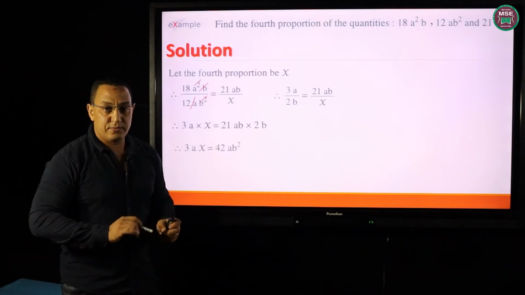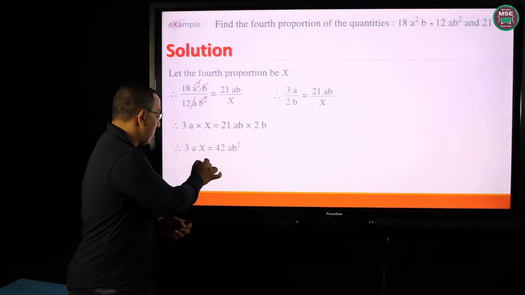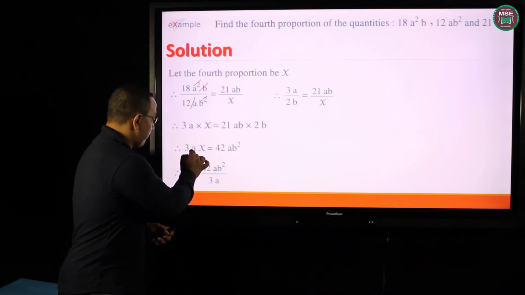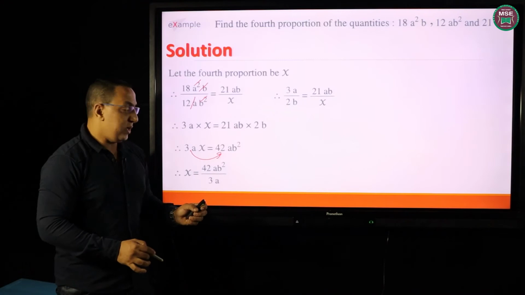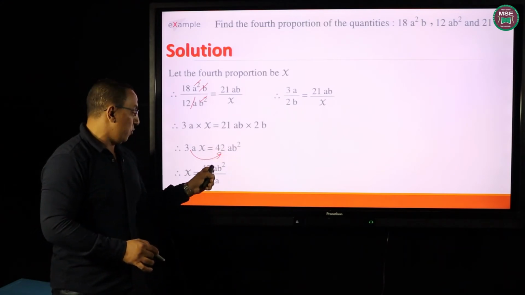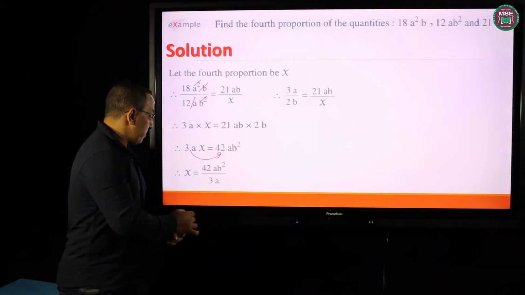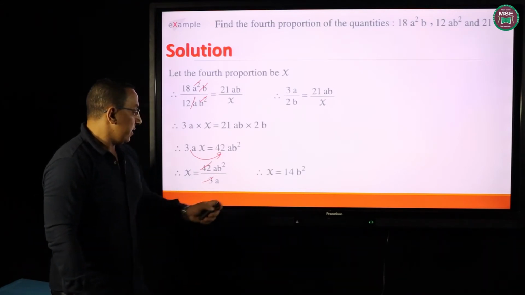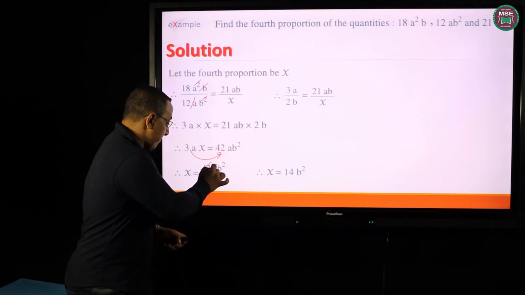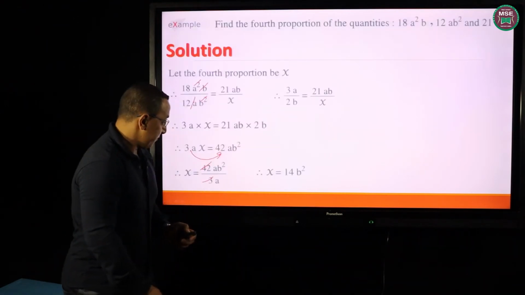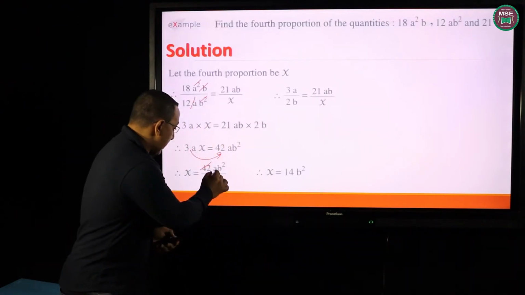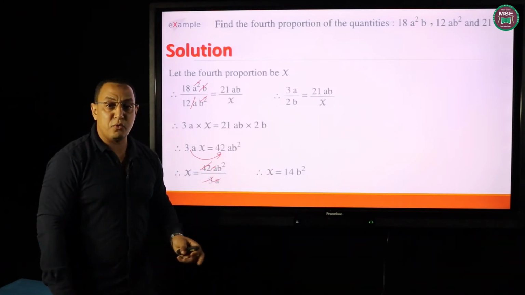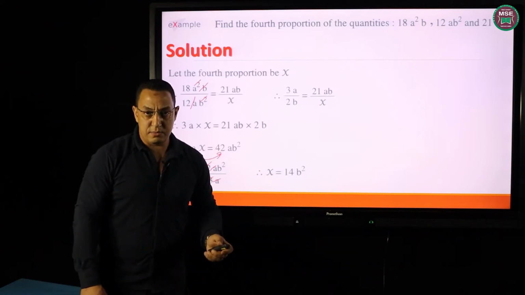Now I need x, so I'm going to send 3a to the other side like this. So it will be 42ab^2 over 3a. I'm going to simplify. 42 over 3 equals 14, and a over a cancels, it will be b^2. Final answer, 14b^2.